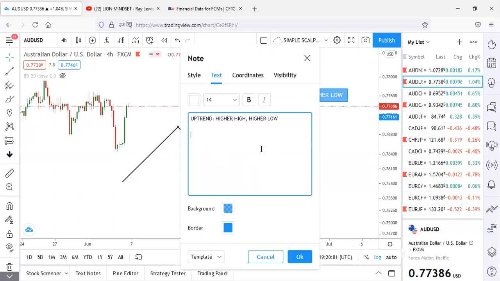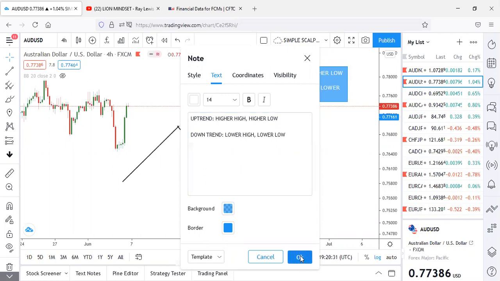But in the case of a downtrend, you want to be able to recognize lower high, lower low. This is what you need to recognize an uptrend and a downtrend.